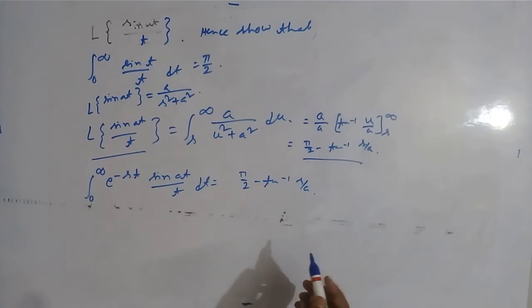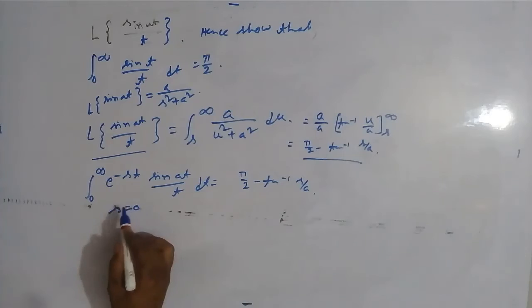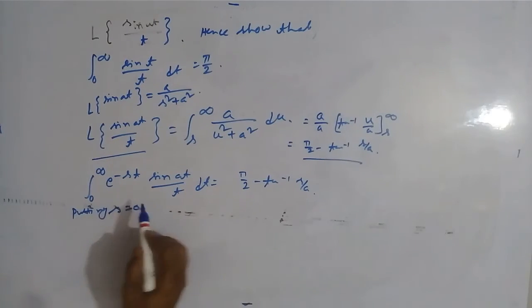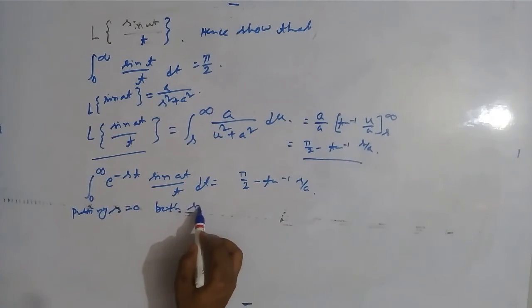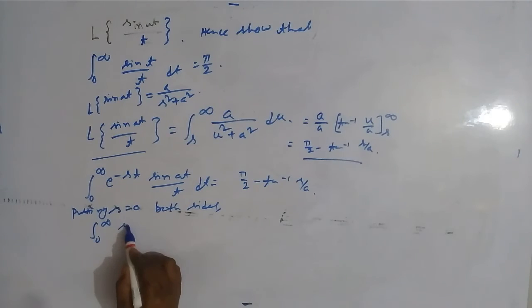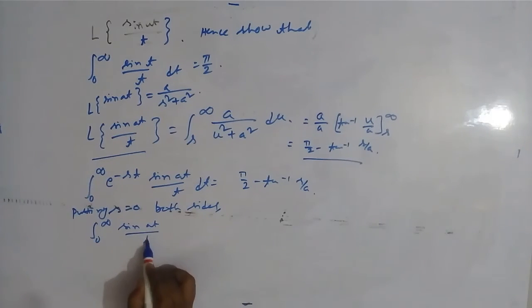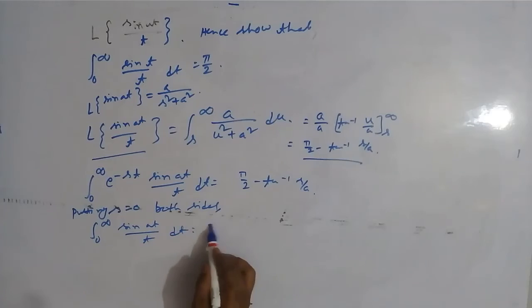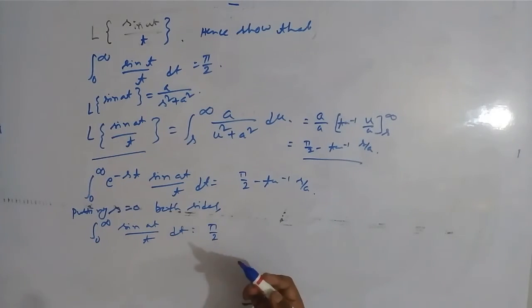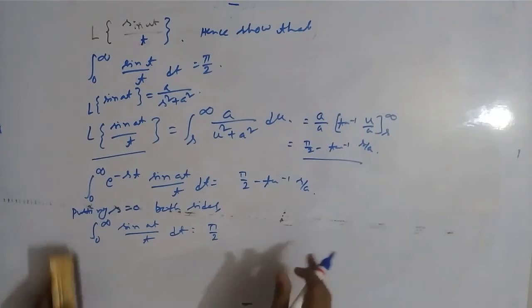Now putting s equal to 0 on both sides, we get integration 0 to infinity sin at by t dt equal to pi by 2 minus 0, so pi by 2. So hence the proof: integration 0 to infinity sin at by t dt equal to pi by 2. Now I'll go to the next problem.